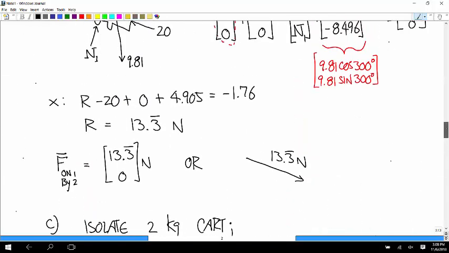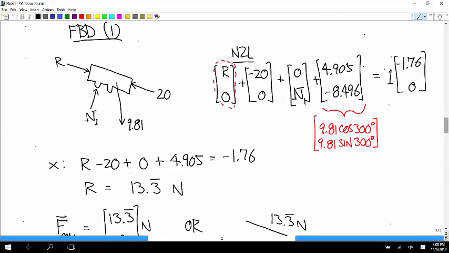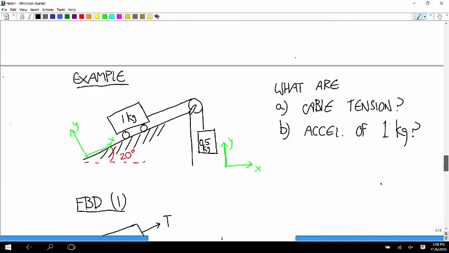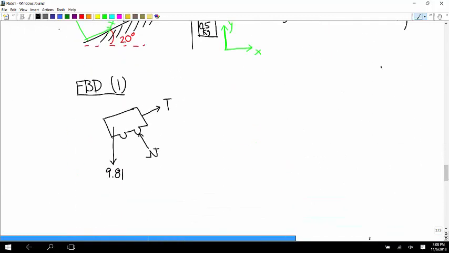And that weight force is negative 4.905.